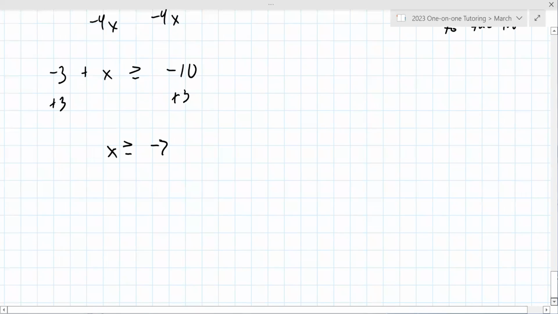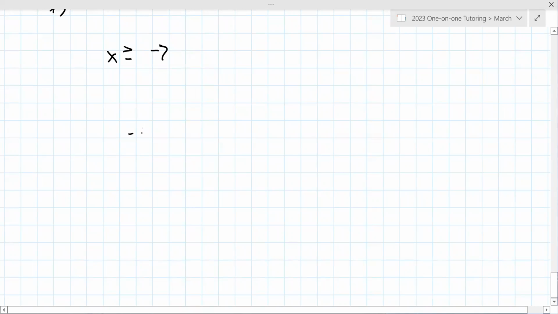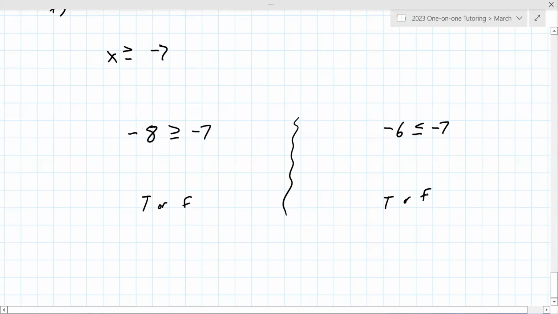Okay. All right. Now another chance here. Is negative 8 greater than or equal to negative 7? Is negative 6 less than or equal to negative 7? Take as much time as you need on these.